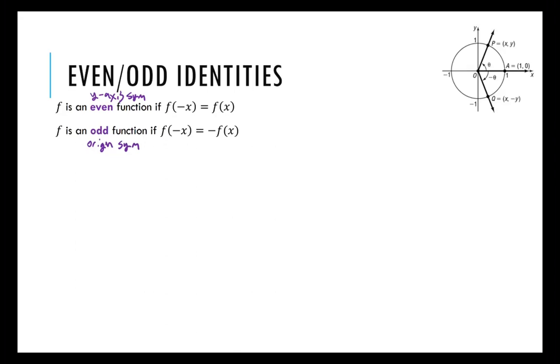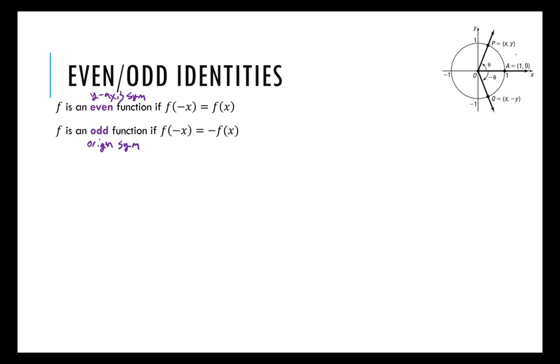Well, where does this come from? If you're thinking about our unit circle definitions, and then you flip across the x-axis, notice that the x values don't change. It's not the reflection that matters, it's that the x values don't change. And so negative theta is the same thing as positive theta for one of the functions, specifically the ones that are related to x.